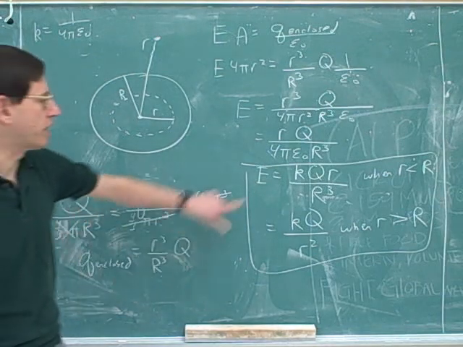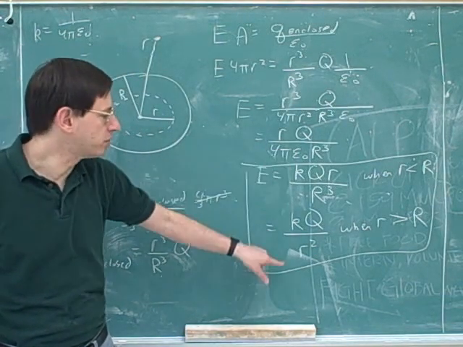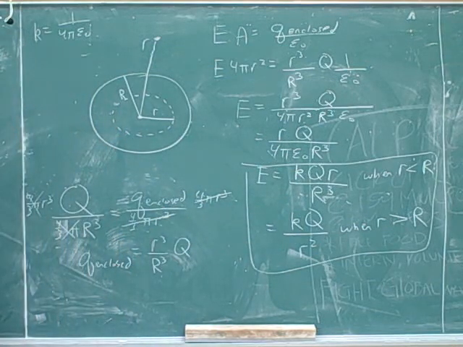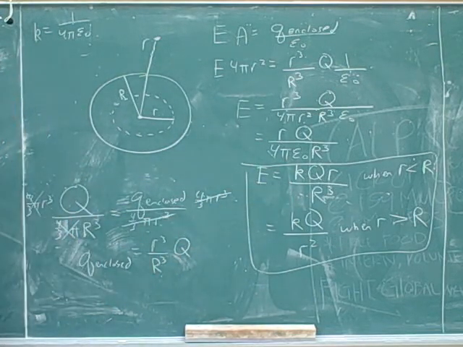There was the case when we were inside the ball of charge, and the case when we were outside the ball of charge. So we got two different formulas for those two different cases. You could write these formulas in terms of epsilon 0, but it's more conventional to write these particular formulas in terms of k. Depends on the situation, I guess, but I ended up writing them in terms of k. So this would be the complete answer.